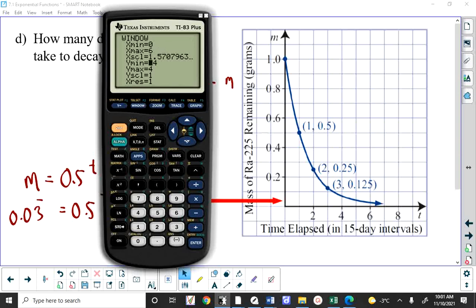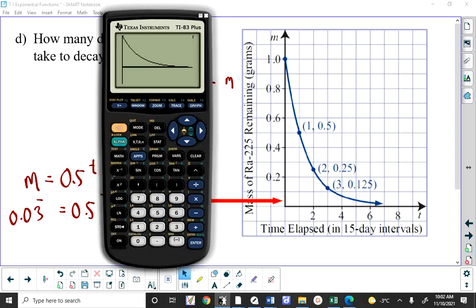My y, I'm going to go negative 0.5 to 1. I want to see this graph starting up at 1, but I don't want to end my view right at the bottom of my screen. I want to be able to see a little bit below the axis. And I'm also going to graph y equals 1/30, because 1/30th of the original mass is 1/30th of a gram because the original mass was a gram. And now what happens when I graph it? There's my nice graph, looks good.